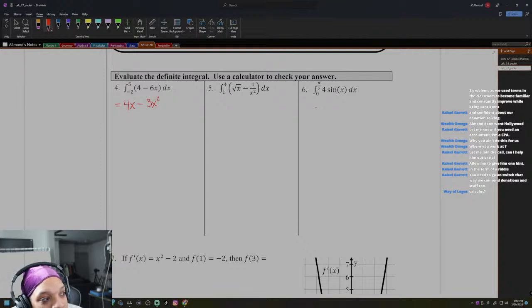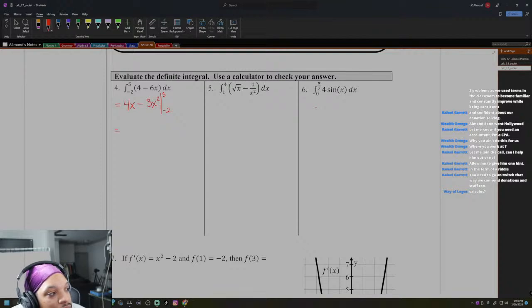Now we got to evaluate, because that whole 4x minus 3x squared is our capital F of x. And now we got the F of B minus F of A. Exactly. So that bar with the 5 and the negative 2, that's notationally how we write what we're about to do.